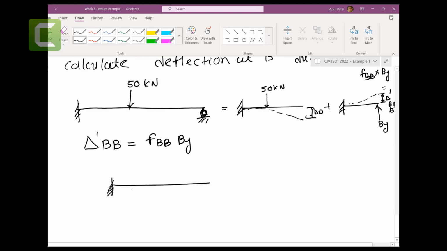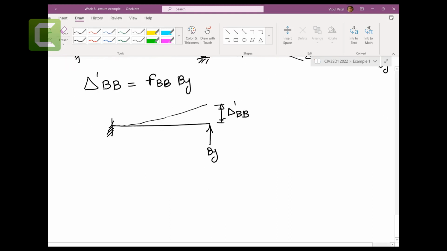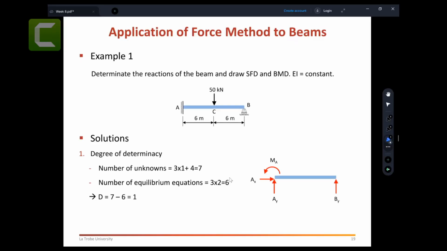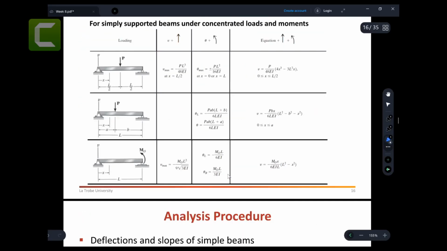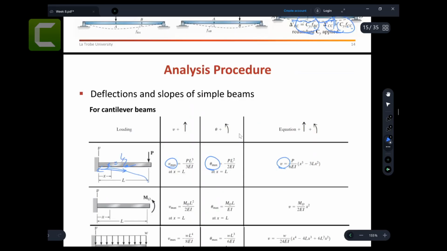It's very simple. You want to have a By going up, and we need to find this deflection delta BB dash. So for the deflection delta BB dash, we can use our lecture notes. You remember that I gave you the table. The table is here.